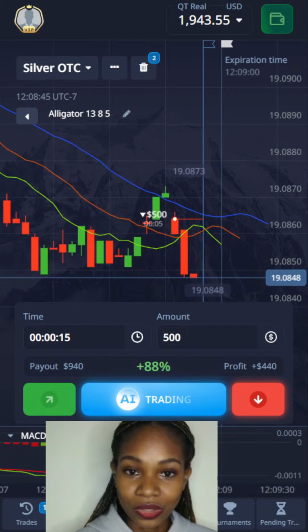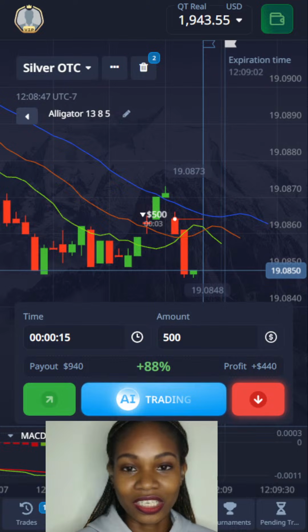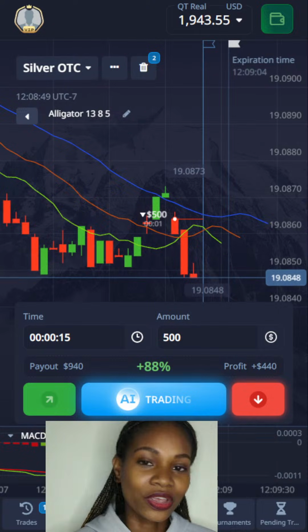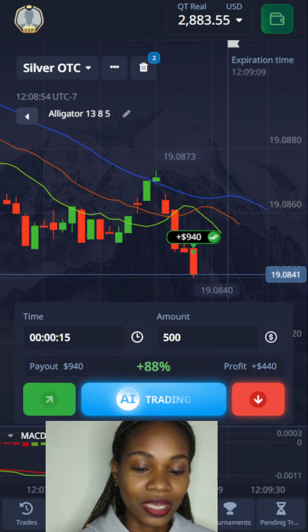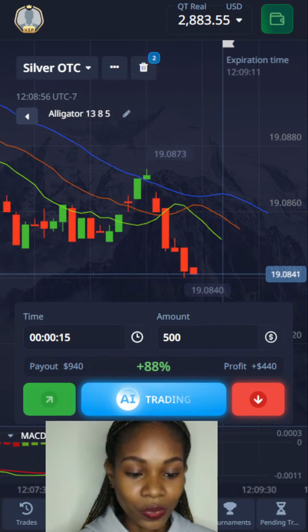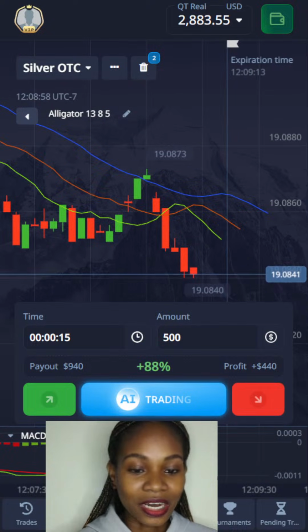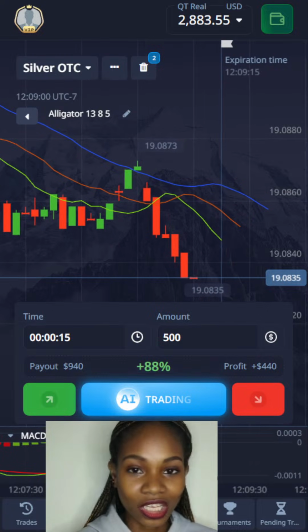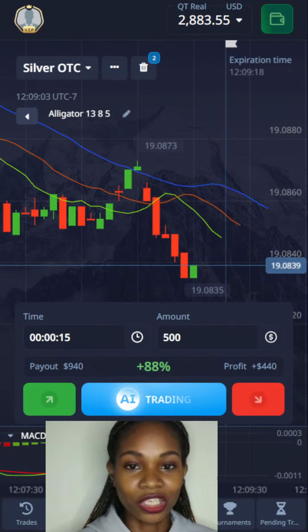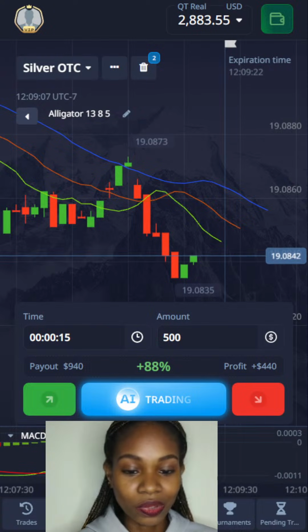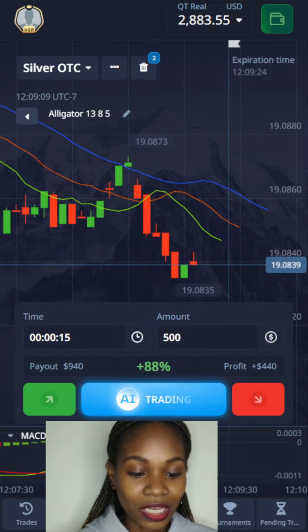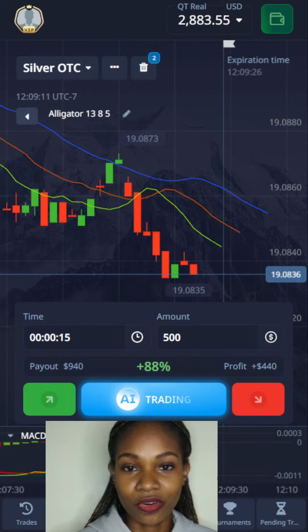If we are in an uptrend, how strong is this trend? We are looking at the strength of these particular trends. That way we are able to place trades and make profits out of it.